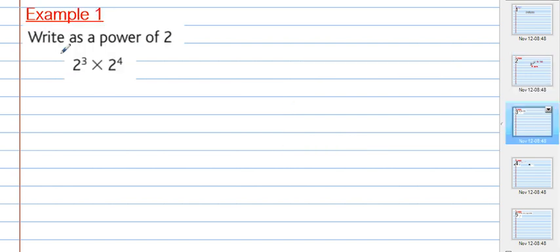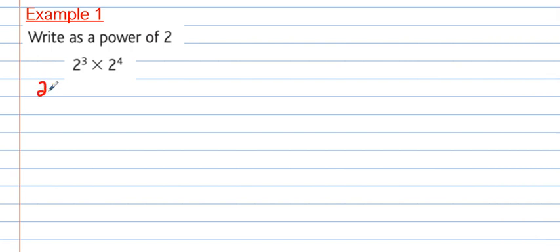Write as a power of 2: 2 to the power of 3 times 2 to the power of 4. 2 to the power of 3 means 2 times 2 times 2.